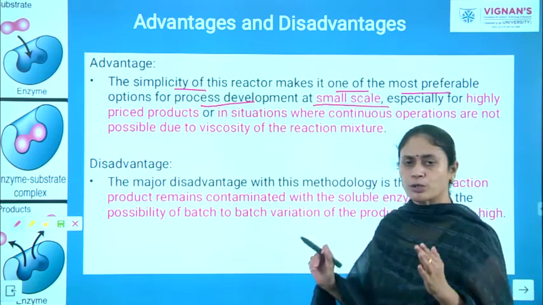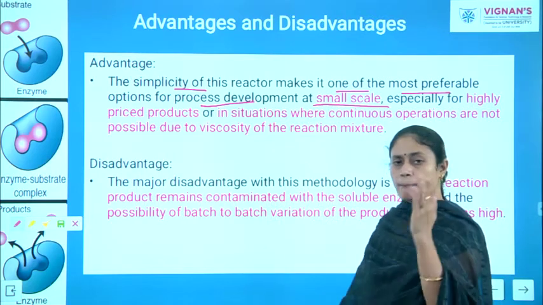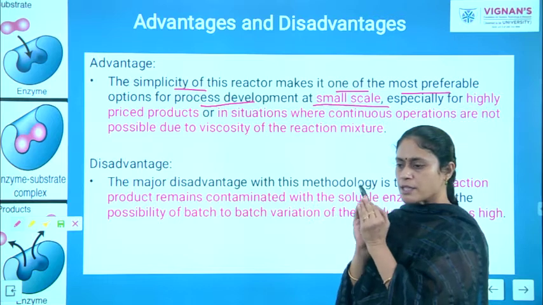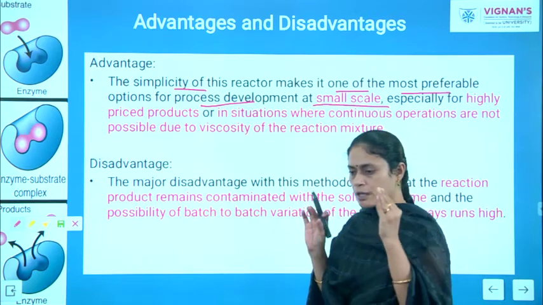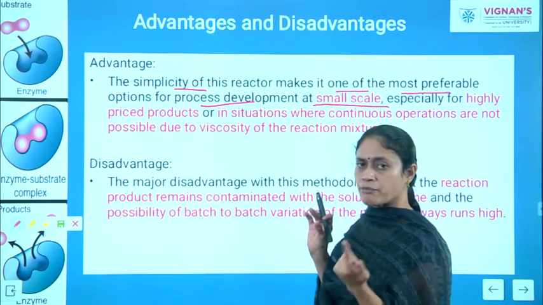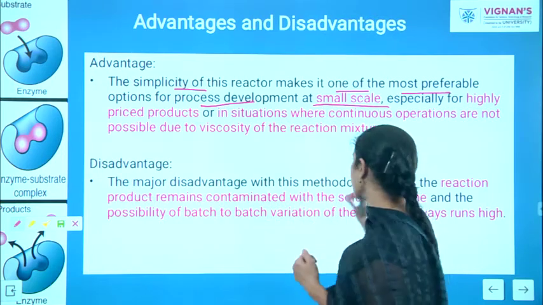That means if you want to carry out a production process at a very limited scale, if you want to produce a particular required product at small scale, then you can prefer your batch reactor.